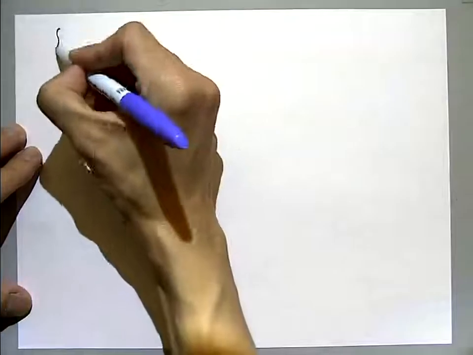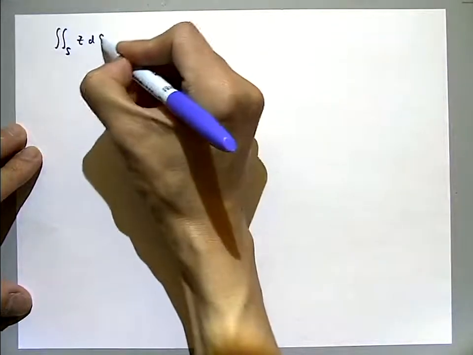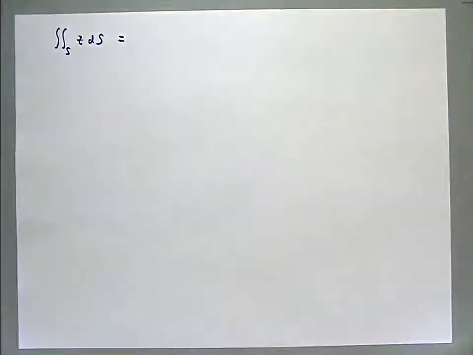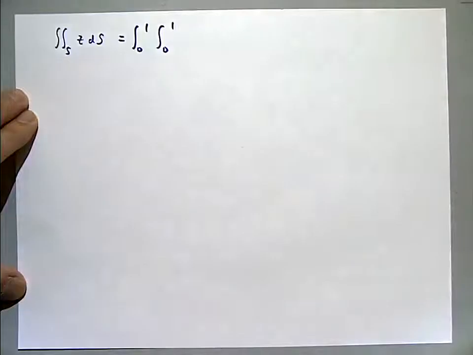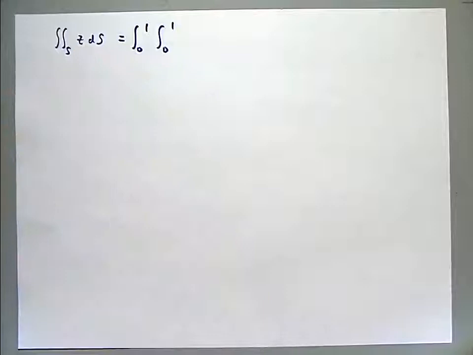Okay, so now we do our surface integral. We're doing a double integral of z dS. We parameterize this. u and v both go 0 to 1. They can go in any order; they're the same. I'll decide what to do later. Look at the surface here: on the surface, z is equal to v, so we're integrating v.